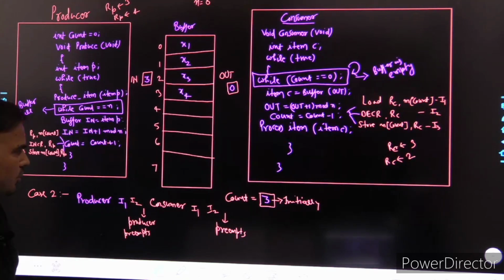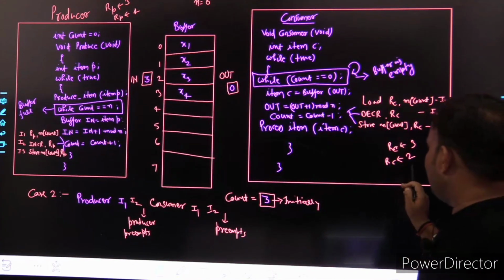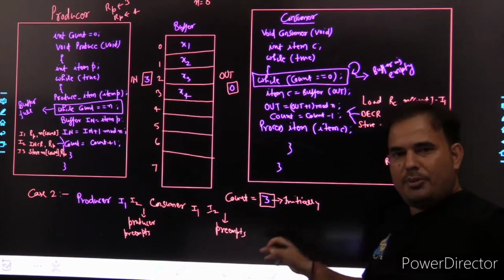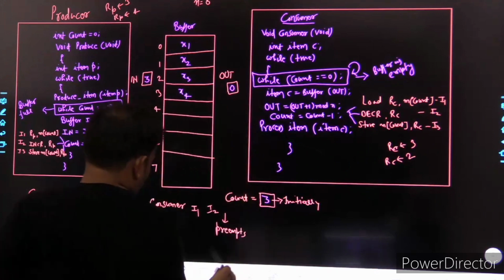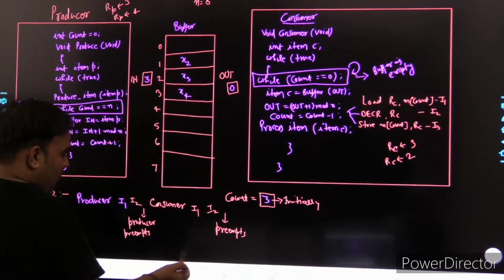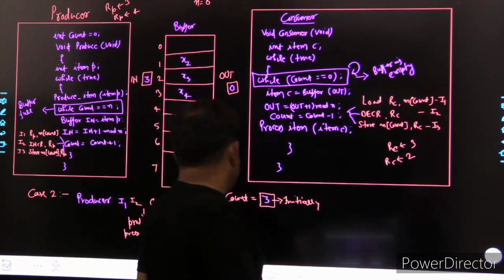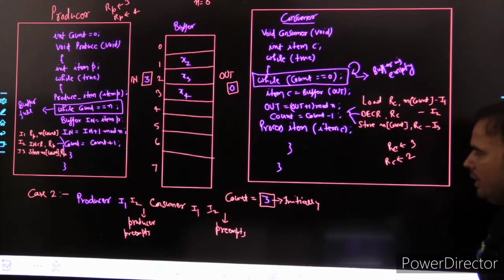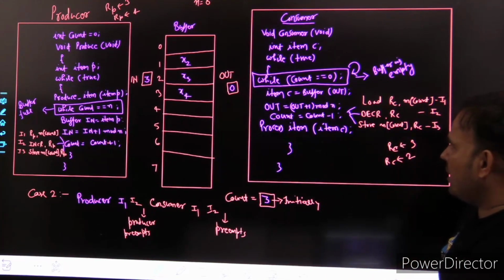Understand clearly. And I2 also pauses before updation, and it consumes from where? The out value is 0. Suppose it consumes from here, x1, but it pauses before updation of out and before updation of count.